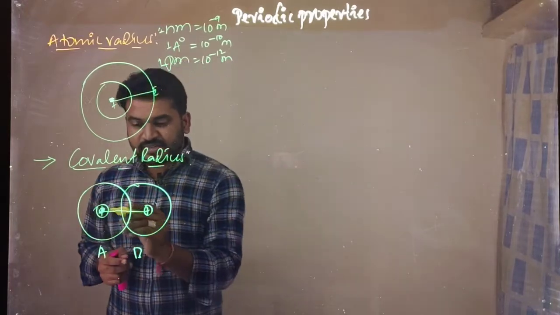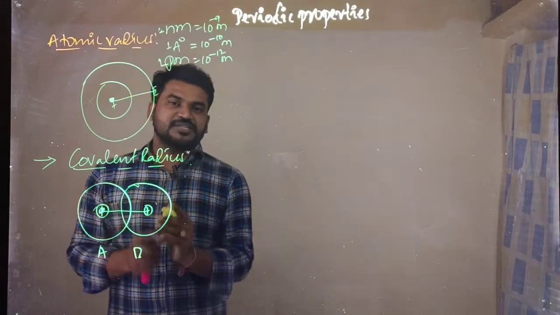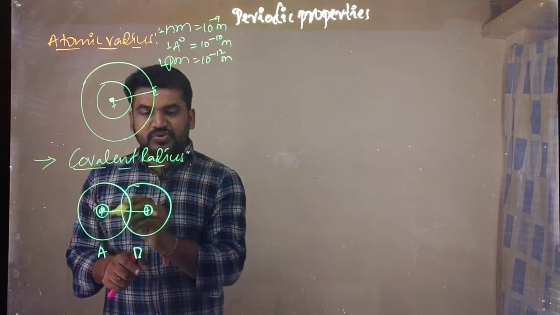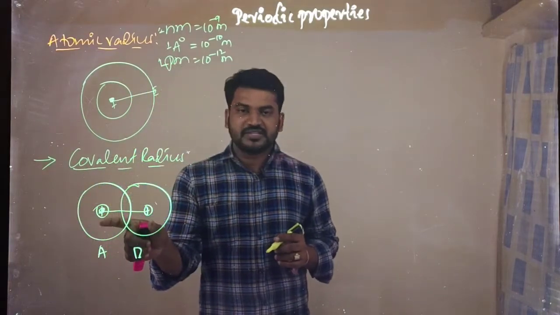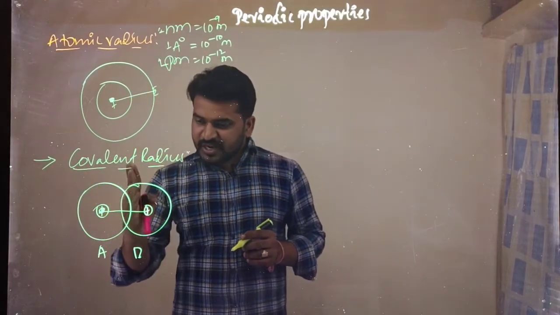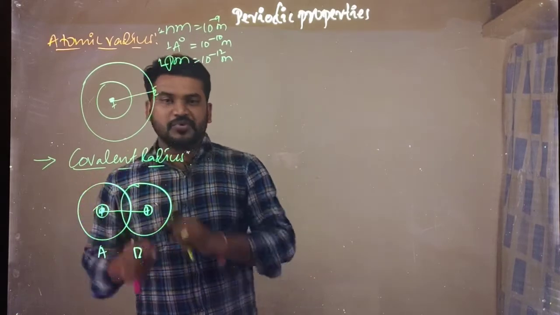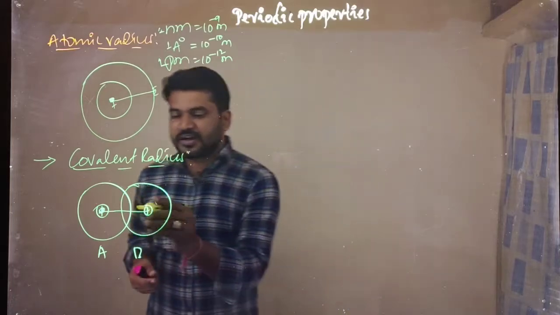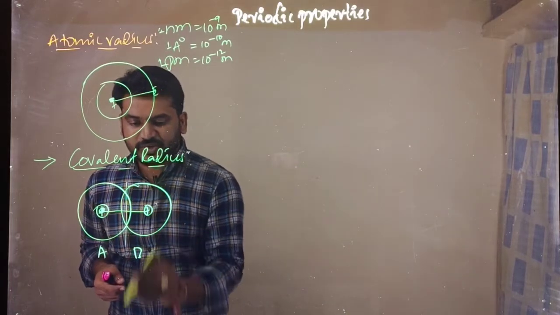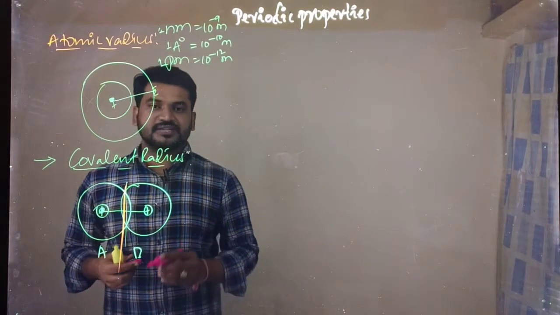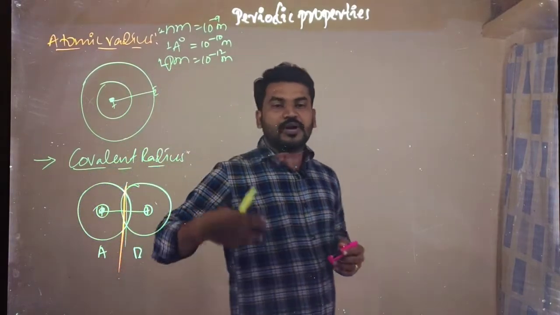So we take half of the distance between the two nuclei which are covalently bonded, that is half of the internuclear distance, and we call it the covalent radius.